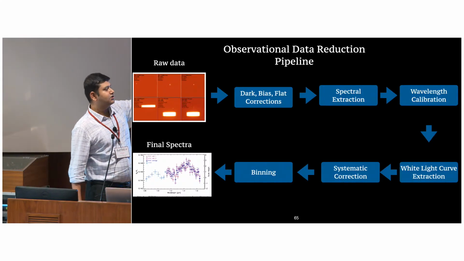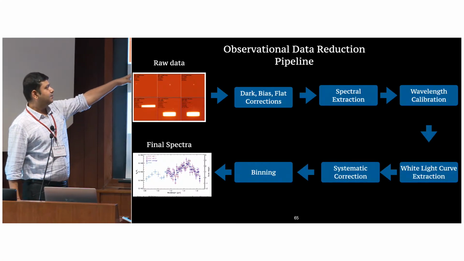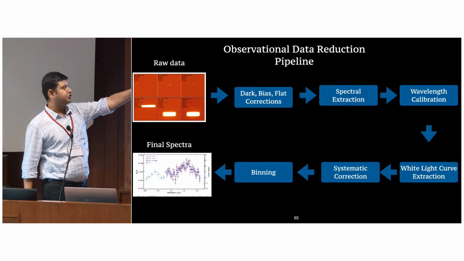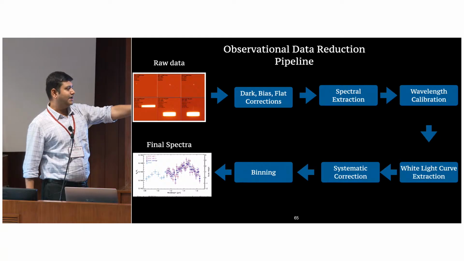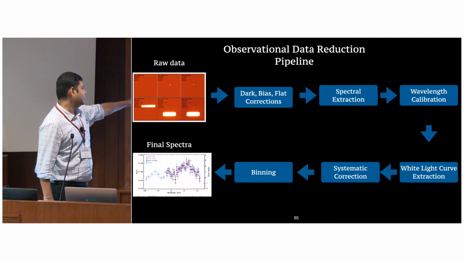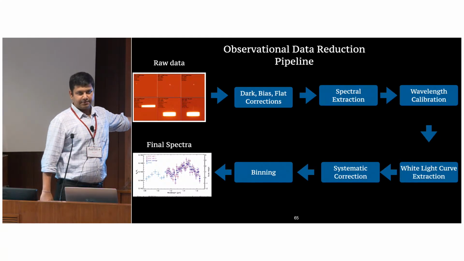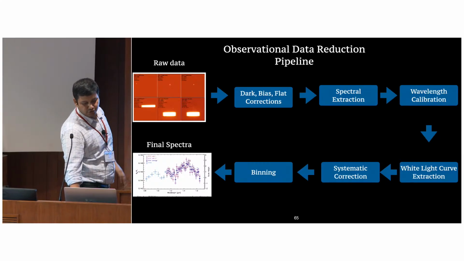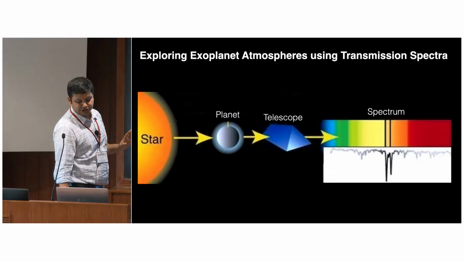This involves a whole processing: dark, bias, flat correction, spectral extraction, wavelength calibration, white light curve extraction, and finally you get something like this as a spectrum. I won't go into the details of this data reduction pipeline.